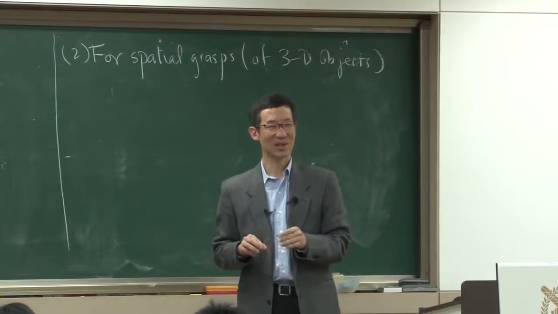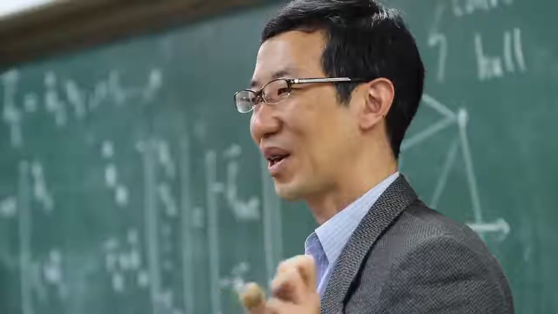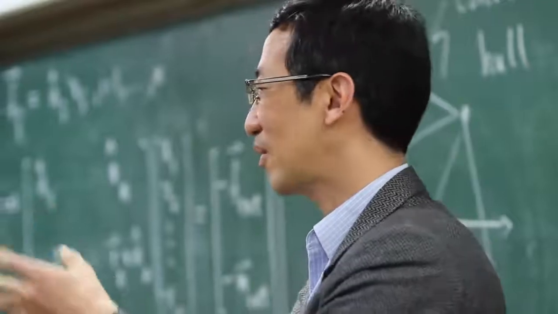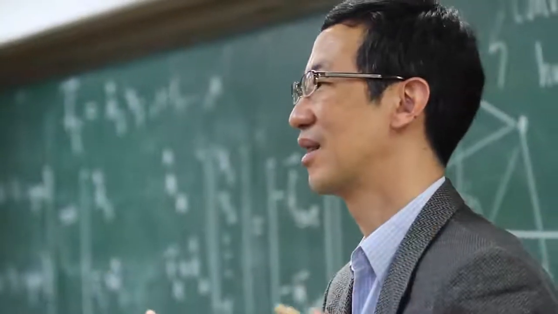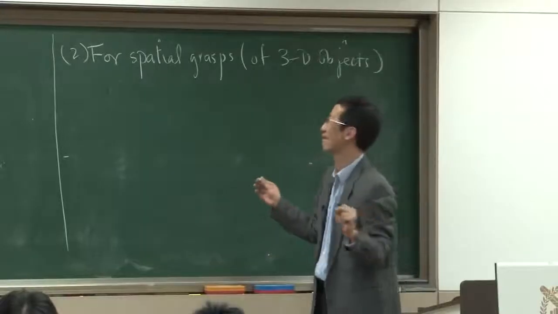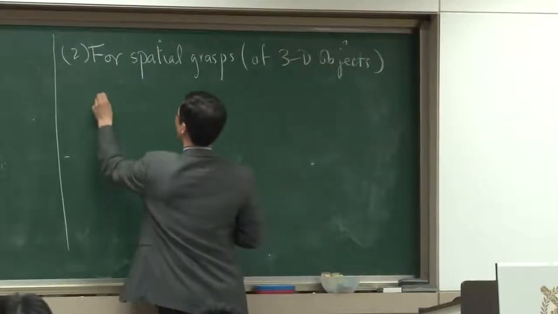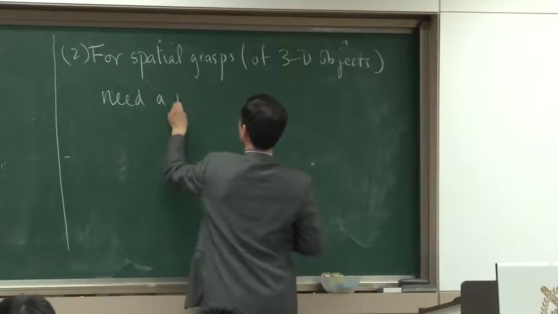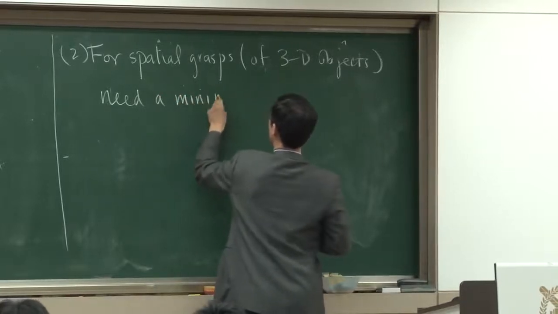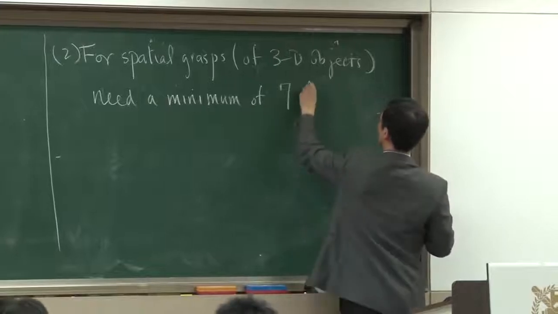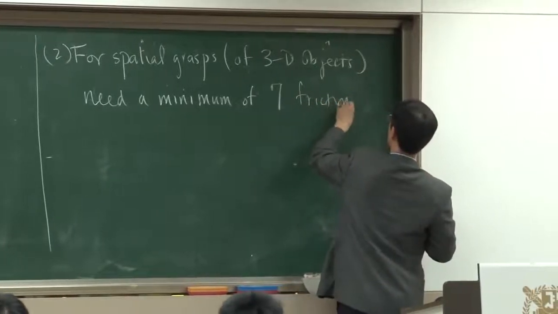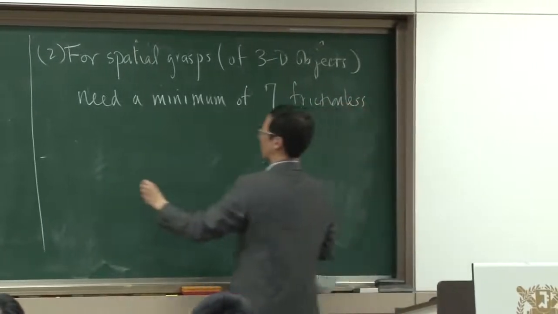Now you see why friction is a good thing. Otherwise, if we had no friction on our hands, we would all be walking around with 7 fingers. We need a minimum of 7 frictionless point contacts.